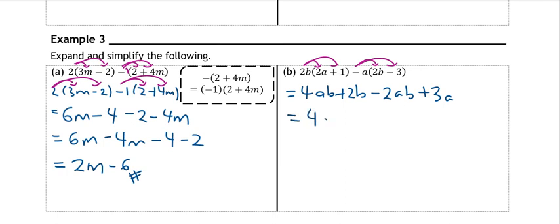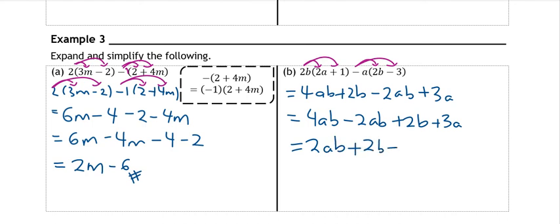So 4ab minus 2ab, and then the rest of them will be put over here, 2b plus 3a, doesn't matter, as long as you rearrange them and you do not change the sign. So 4ab minus 2ab will give you 2ab, and then the rest of the terms, plus 2b plus 3a.